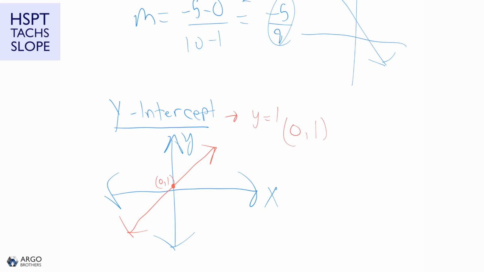Let's say another point here would be (1, 3). So the slope would be rise over run: 3 minus 1, which is 2, over 1 minus 0, which is 1, slope of 2. So this has a y-intercept of 1 and a slope of 2.